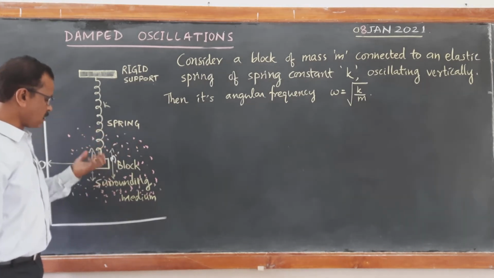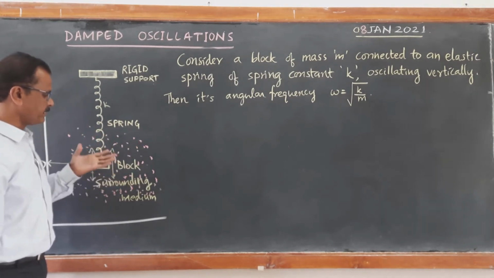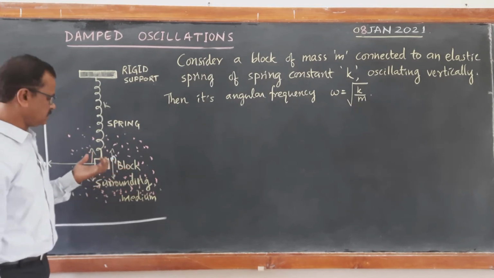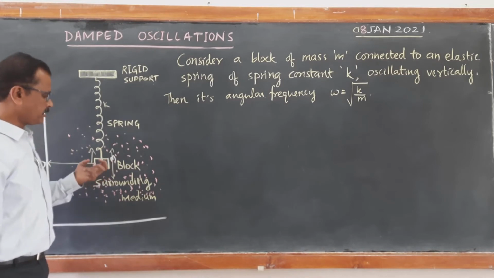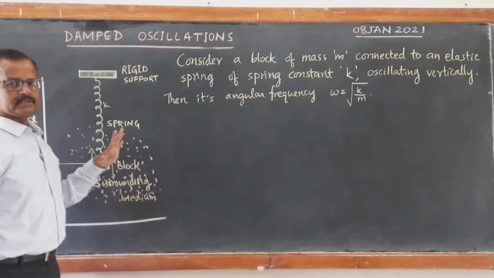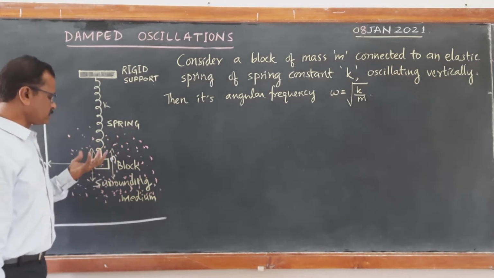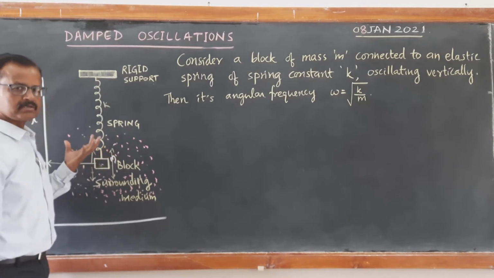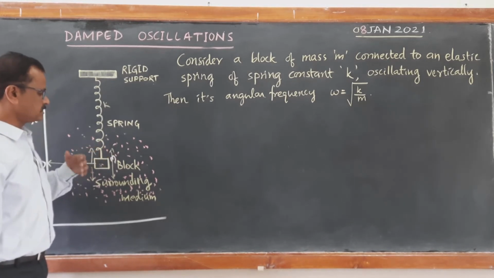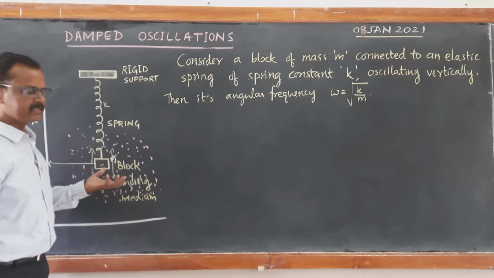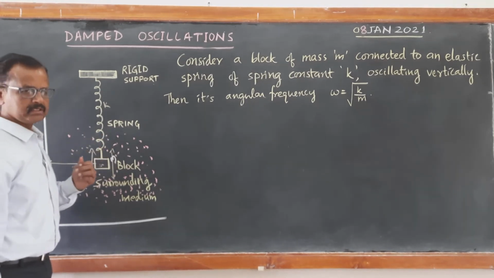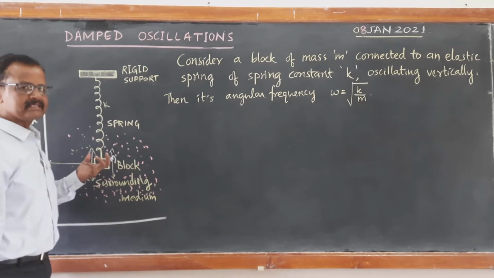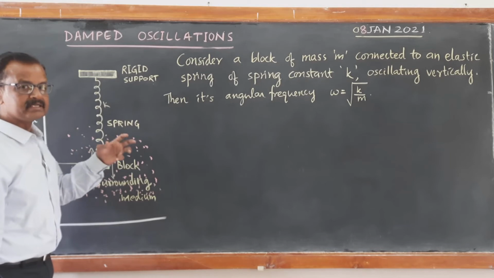So when it is oscillating in a surrounding medium having certain viscosity, the energy of the oscillating body keeps on decreasing, because some amount of this oscillating energy is lost in overcoming this viscosity and friction. So in general, energy is lost in overcoming the dissipative forces.